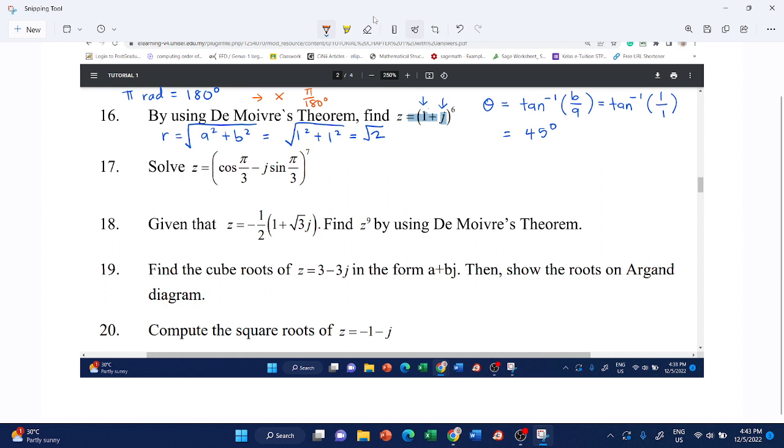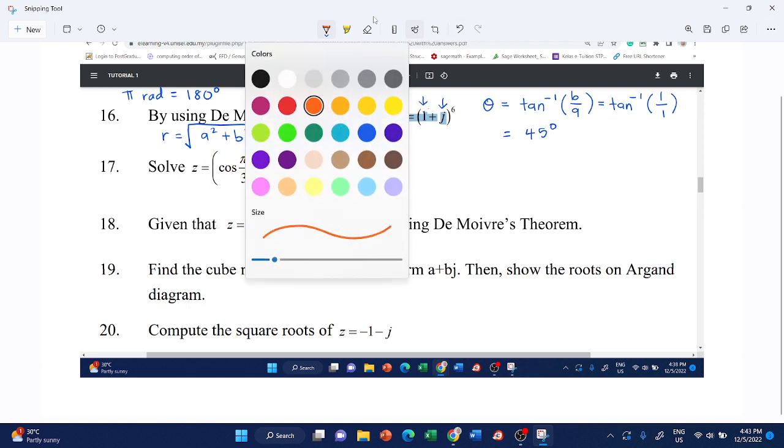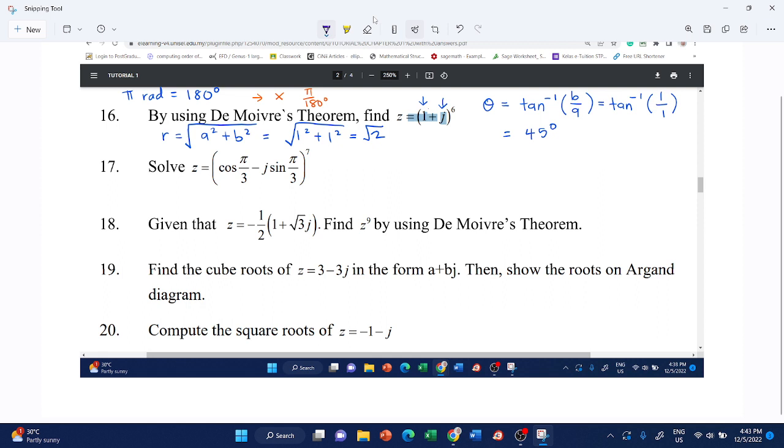So if I want to express 45 degrees in terms of pi, I multiply by pi over 180. Can you simplify? What is the answer? 0.79.